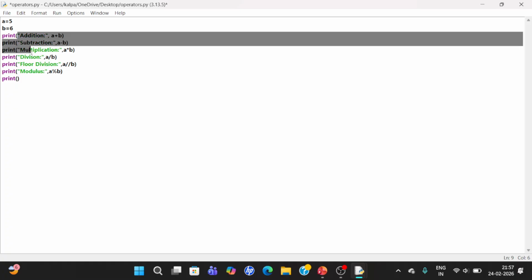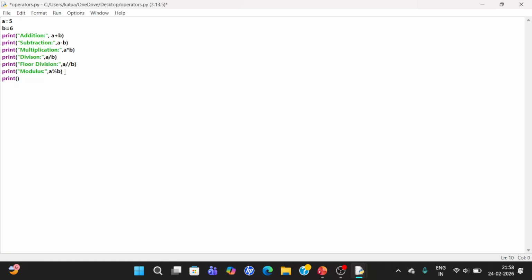Print, first of all, A is greater than B. Next, A is less than B. These are relational operators.